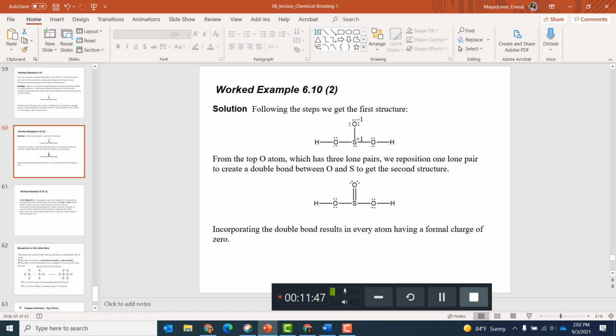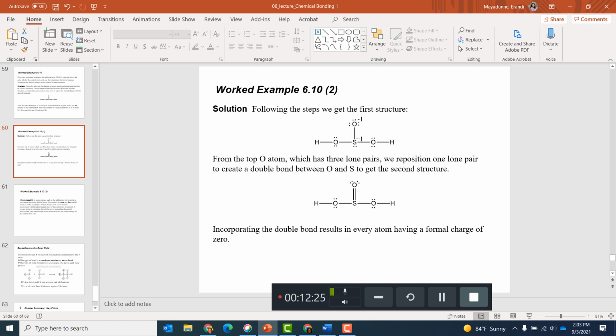Why? Sulfur has 6 valence electrons, minus 2 non-bonding, minus half of the 6 bonding electrons. Let me show you how to get the formal charge. I'm sorry, my thinking is not working now. It's okay.